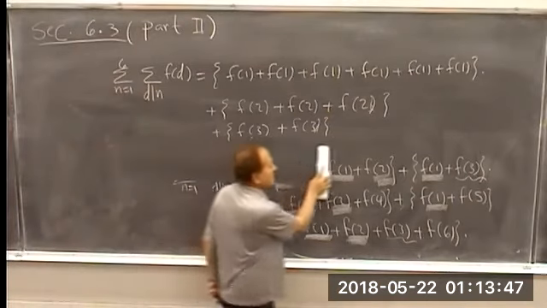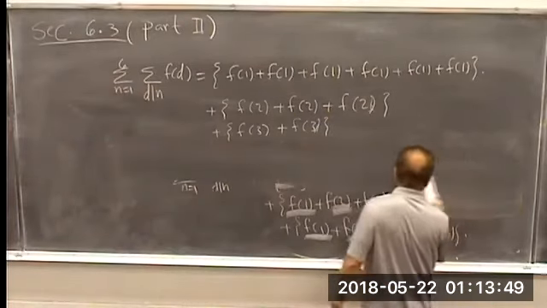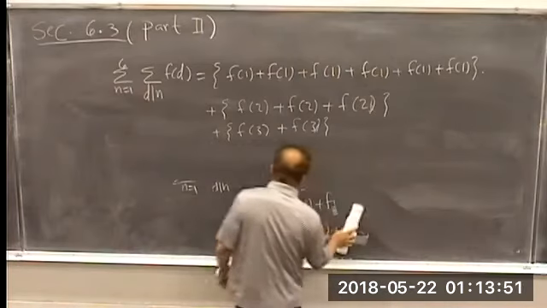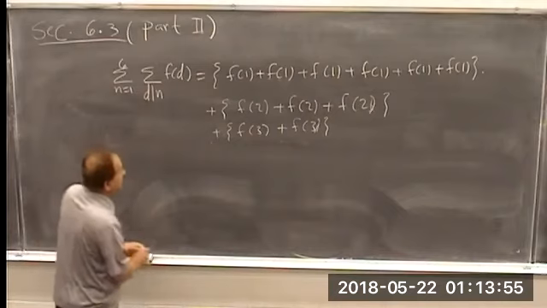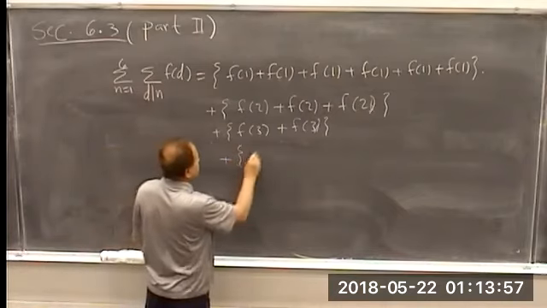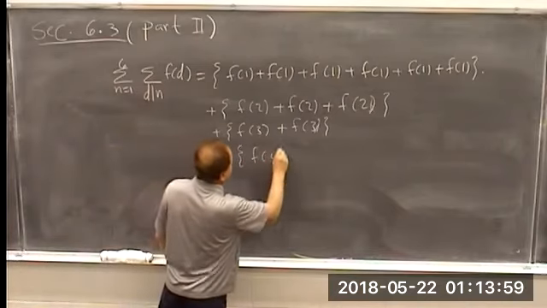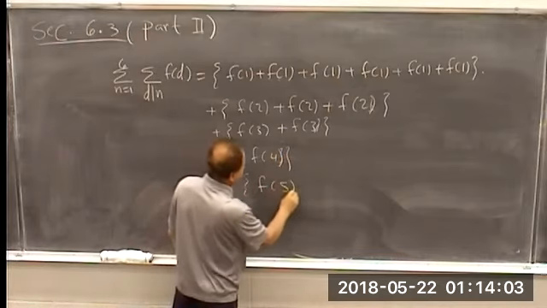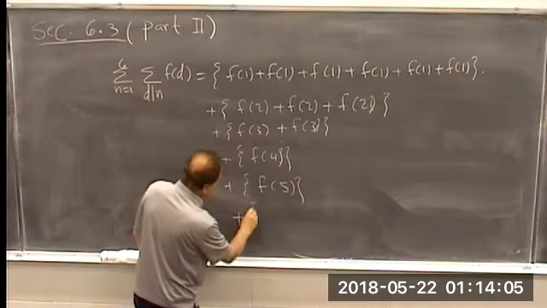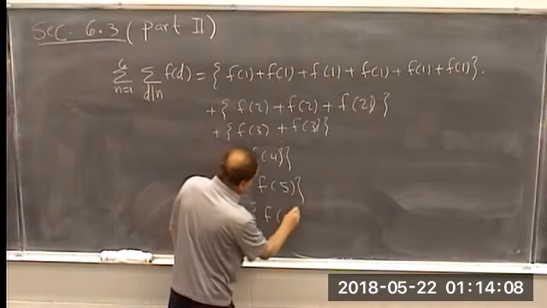So each one of these has 1, 1, 1. So we have f of 4, f of 5, and f of 6.